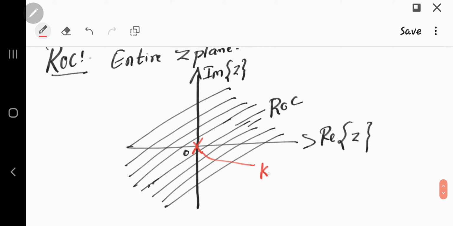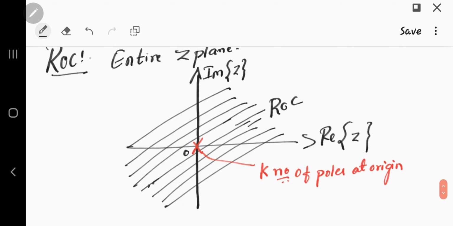Now how many poles here? K number of poles. Where? At origin. So this is what the seventh property says. We have ROC, but it is bounded by poles, where the poles are near the origin, k number of poles.